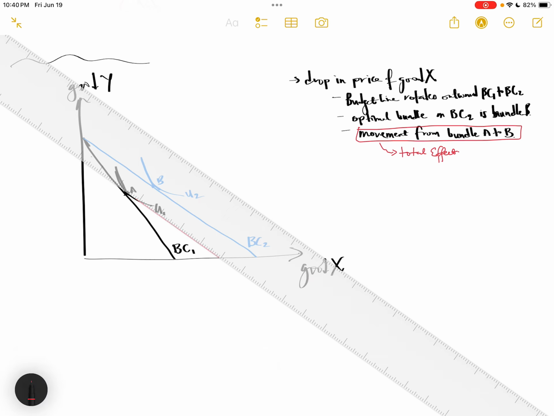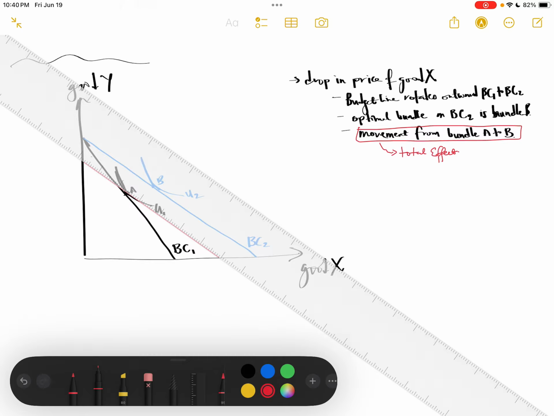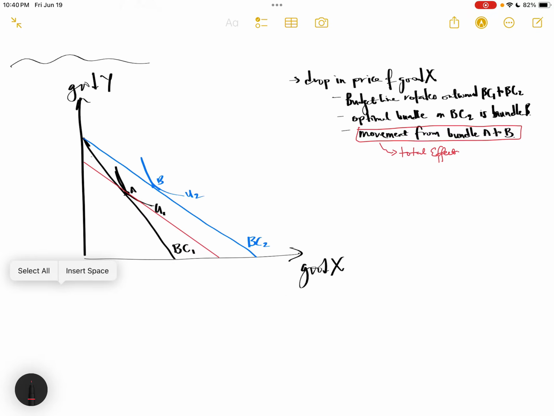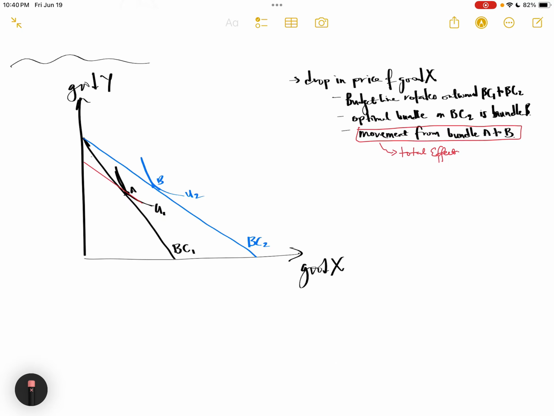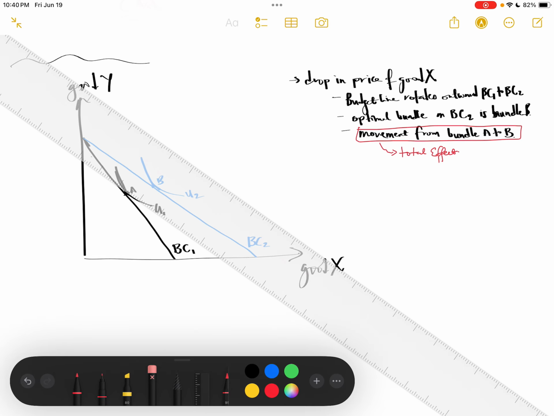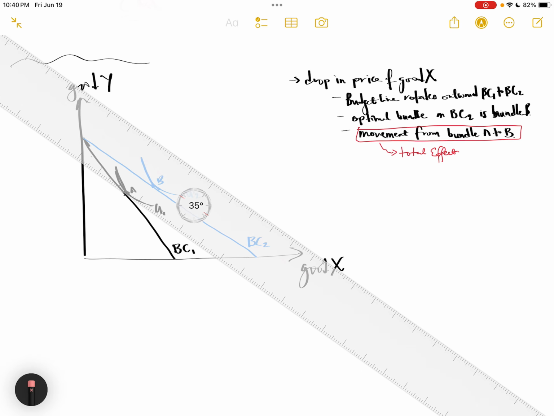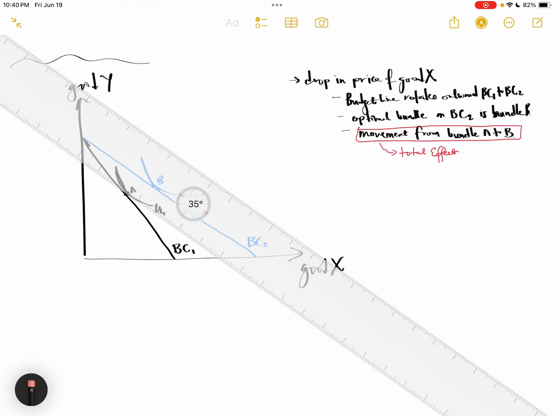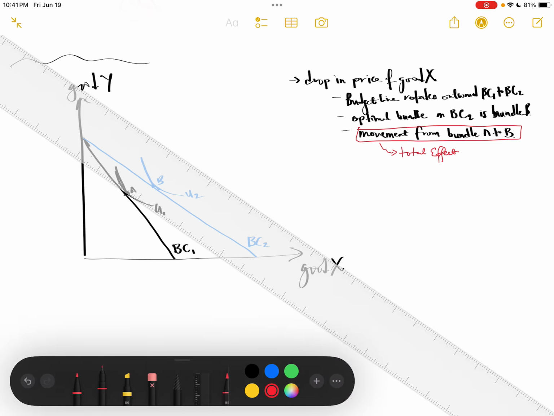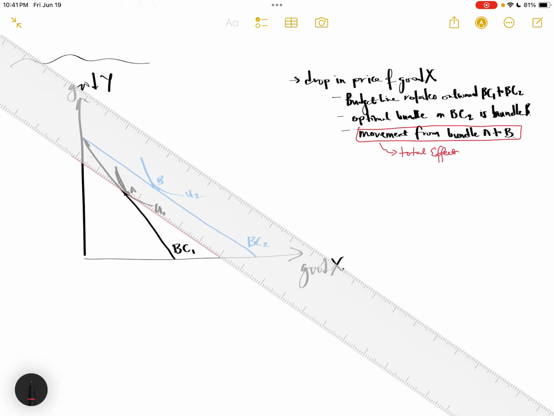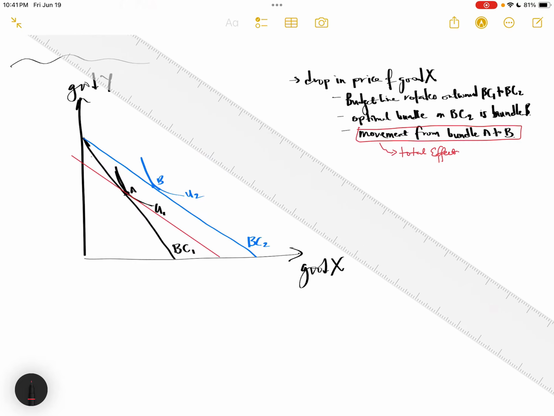Good. There we go. That was easy. I knew I could do it. This manufactured budget constraint, I should drag it down a little because it's too high up. There. I think this should work.